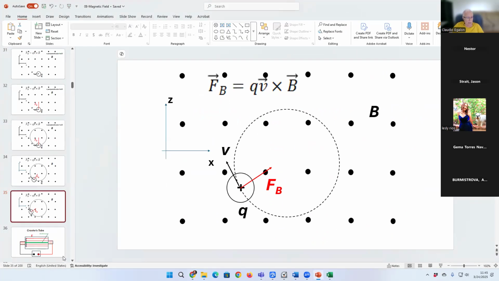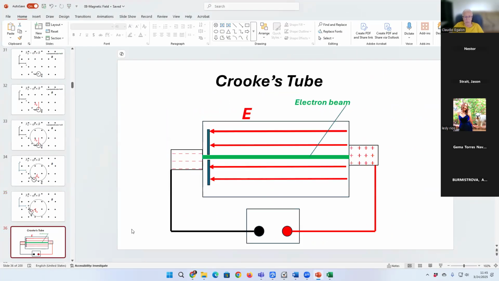Here's the Crookes tube, right? Electric fields, electron beam. The green is the electron beam. The negative polarity of your device is here. The electric field is accelerating this electron beam.